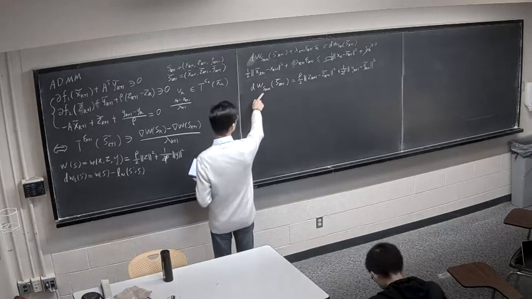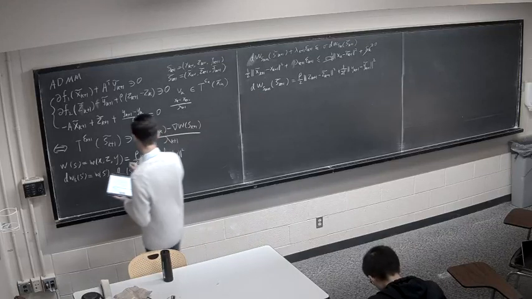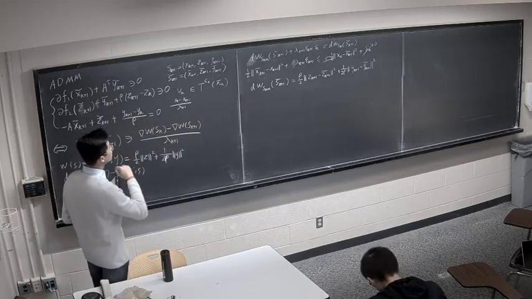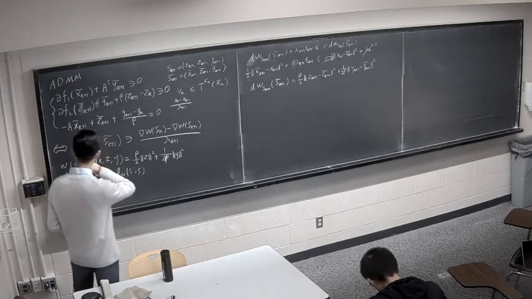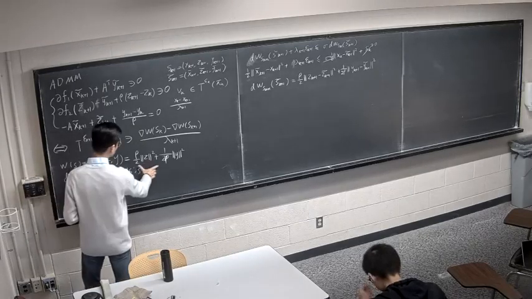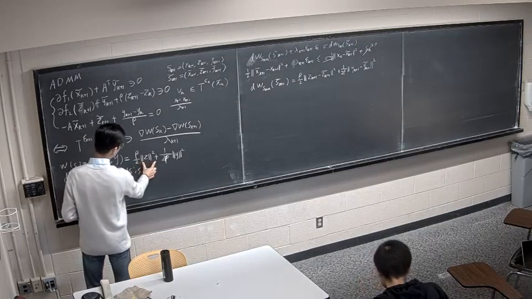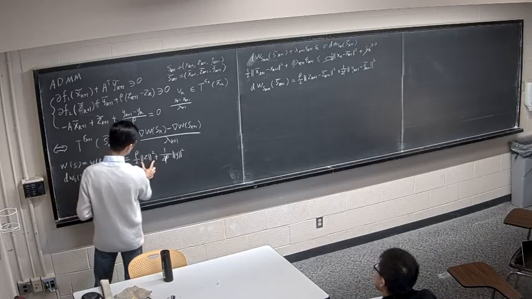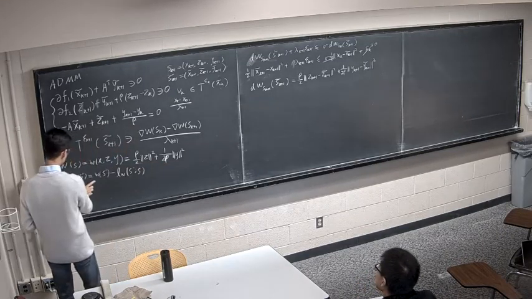The first step is just by definition, because W is defined to be the sum of two L2 norm squares, right?